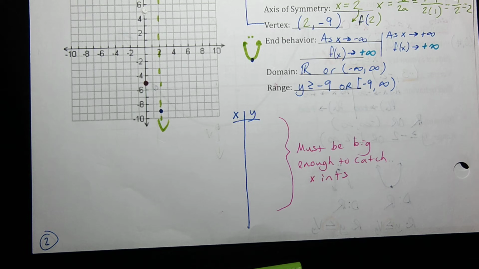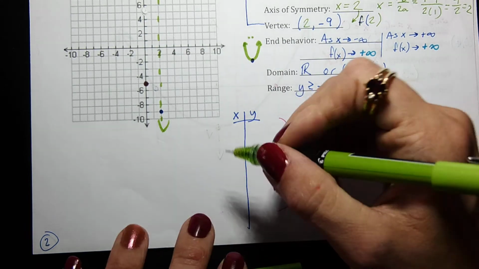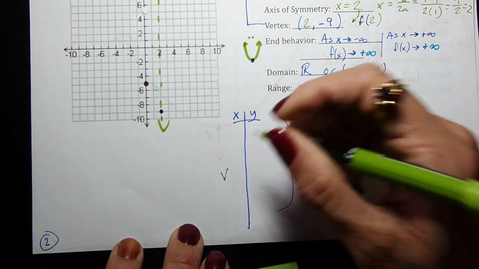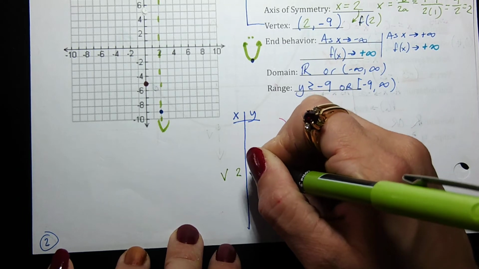Now, we're not just going to plug in random things for x and figure out corresponding y values. We can't use our transformation rules to figure out what the manipulated parent table is going to look like. Instead, what we do is we center our table around that vertex point. So I'm going to put a V for vertex and put 2, -9.